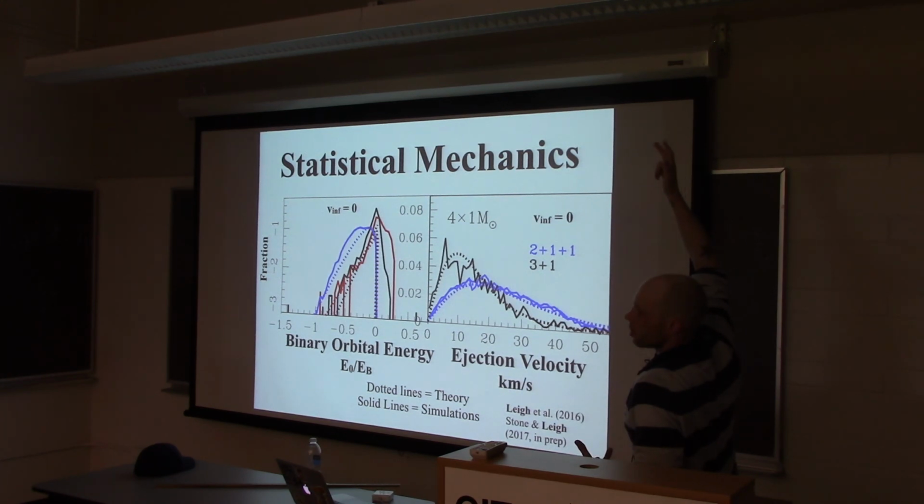If you just try to imagine that ejection scenario, there's no way to causally satisfy the requirement of getting a non-zero final velocity and also leaving a very, very wide binary. How then to incorporate this into the integration?